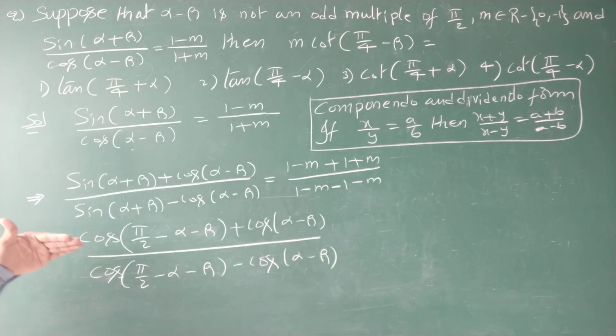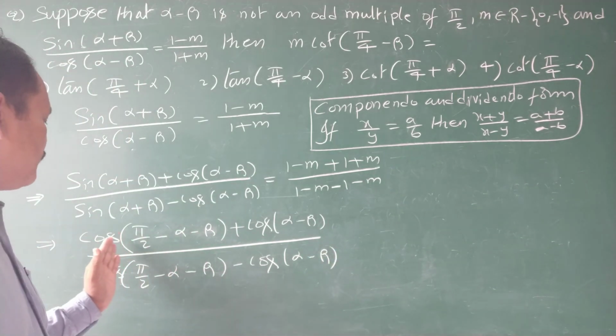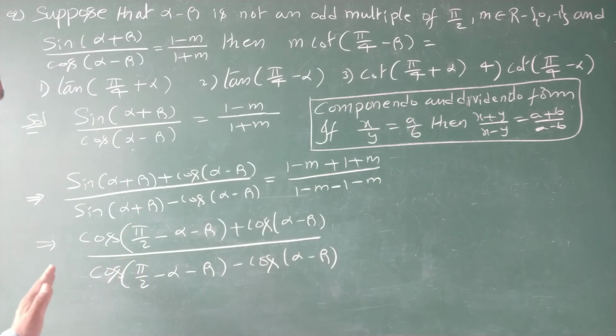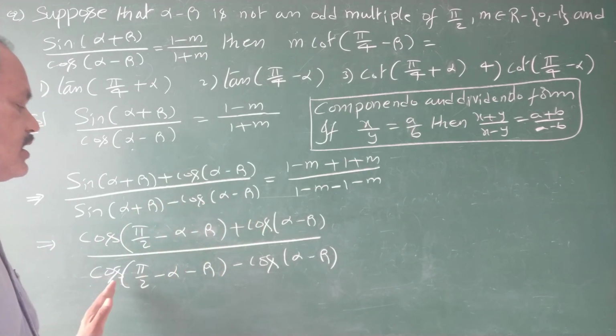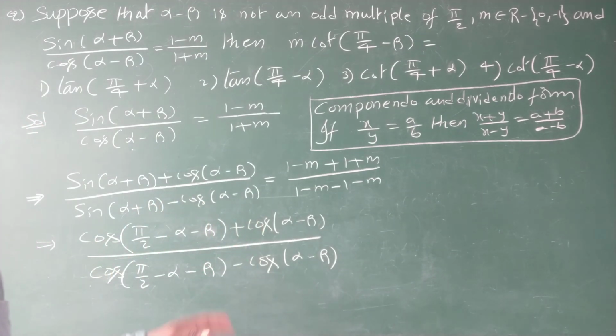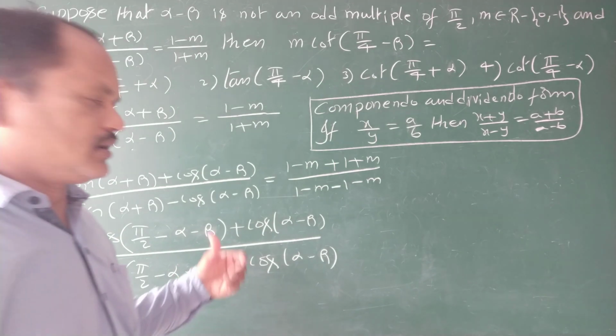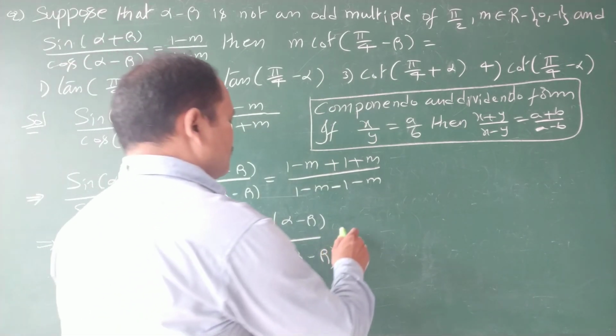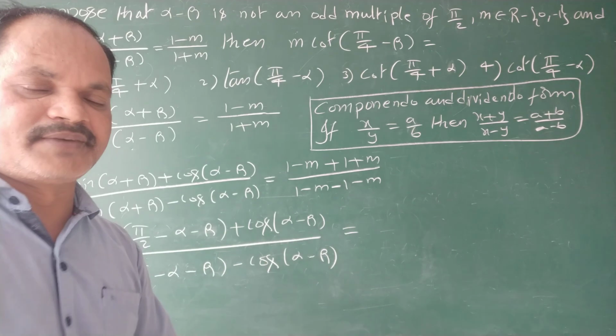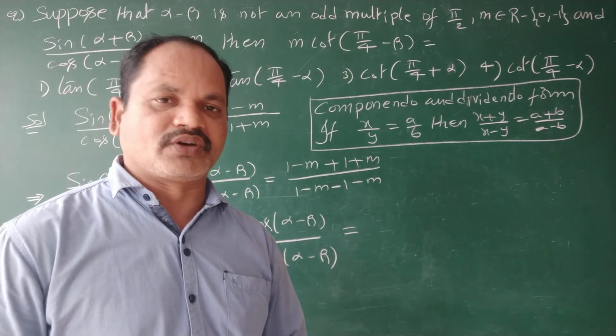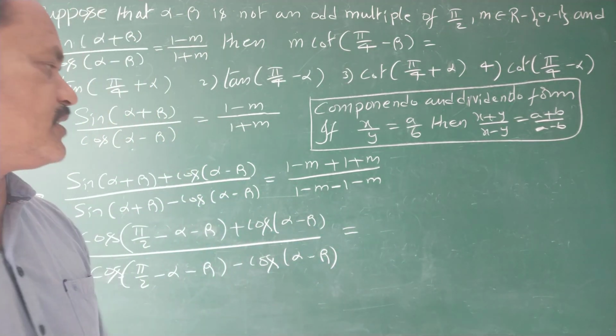So both can be transferred into the same function, cos C plus cos D or cos C minus cos D. We know these forms.